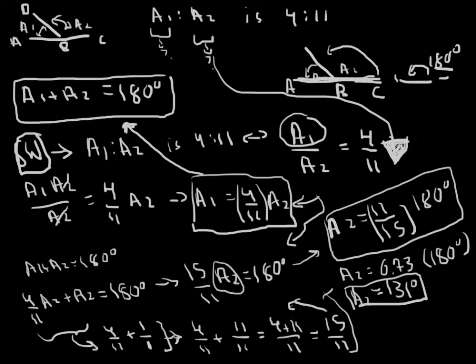So now, how do I solve for A1? Well, we'll just plug this back into this expression, because we know that this has to be true. Now we found the number for A2, 131. So now it's easy to find A1. You know that A1 plus A2, which is 131, is 180.